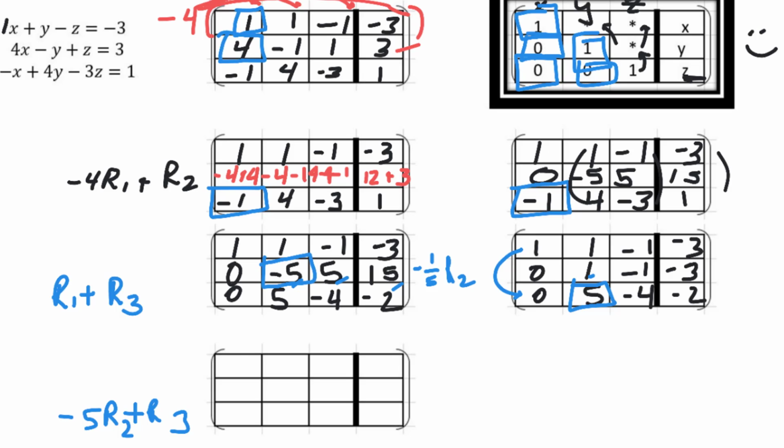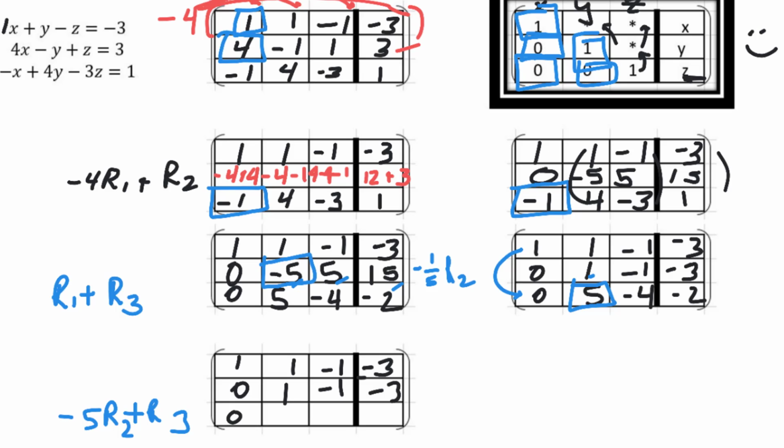All right, not changing row 1. 1, negative 1, negative 3. Not changing row 2. 0, 1, negative 1, negative 3. But I am going to change row 3. So I'm going to take negative 5 times 0, which is 0, plus 0, which is, I didn't want to change that.